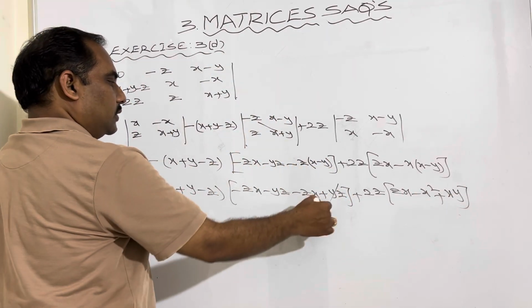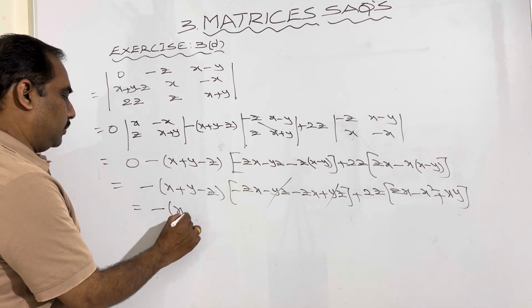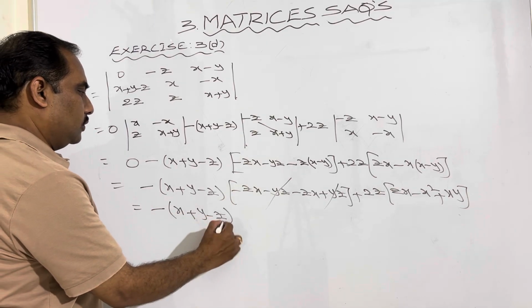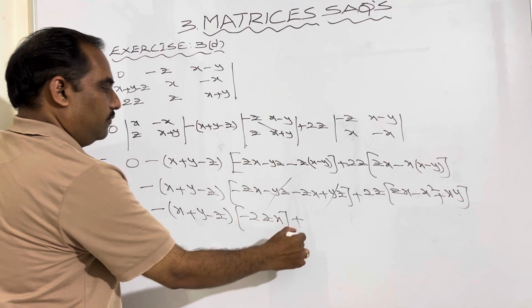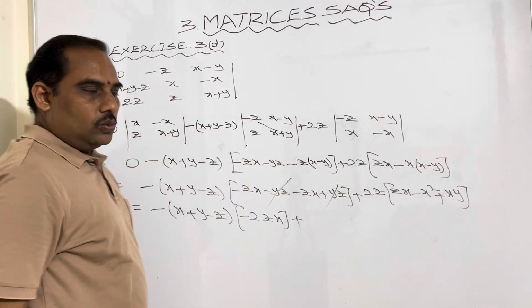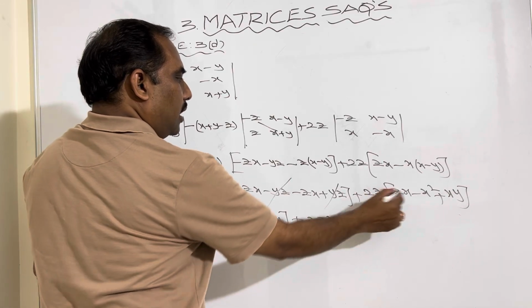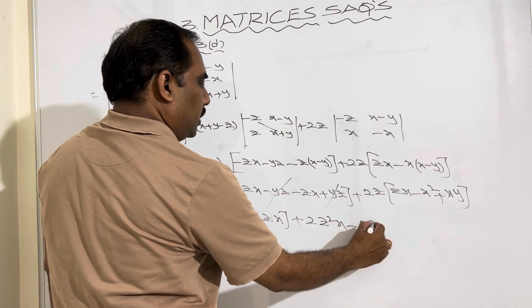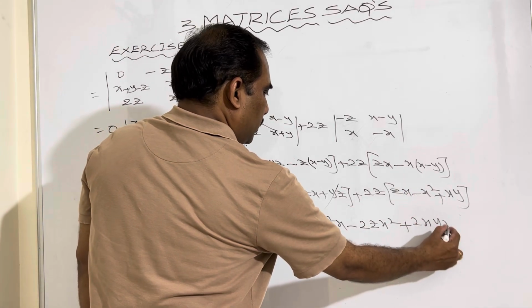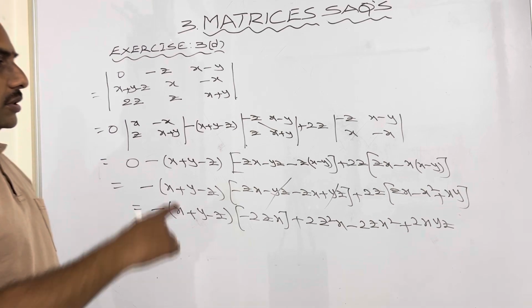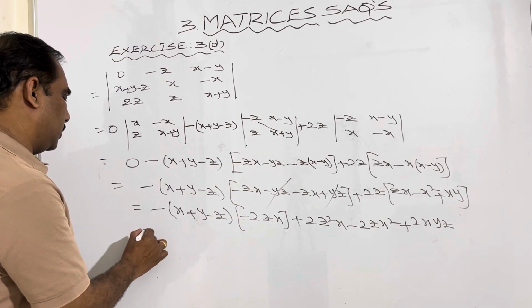Now here plus yz minus yz gets cancelled. Here this is minus of (x plus y minus z) into minus 2zx, and if you multiply with plus 2z, plus 2z square x, and minus 2zx square, and plus 2xyz if you multiply the three terms with 2z. Now this minus into this minus is plus.